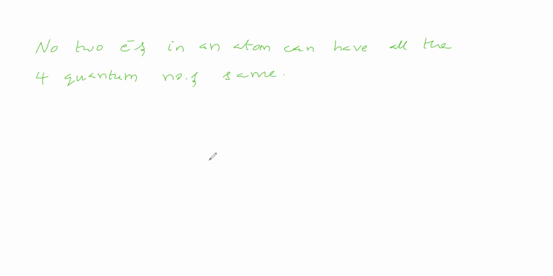That means whatever 2 electrons you take in an atom, they differ by at least 1 quantum number, or 2 quantum numbers, or 3 quantum numbers, or all the 4 quantum numbers will be different. All the 4 quantum numbers being the same for 2 electrons in an atom is not at all possible, as per Pauli's.